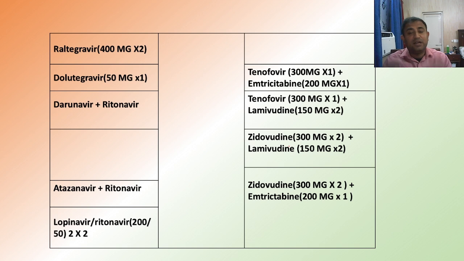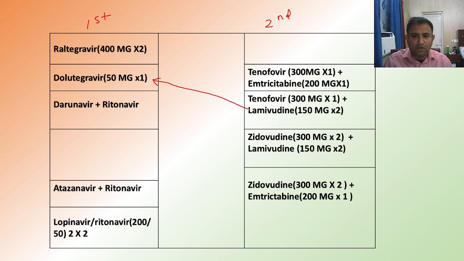So what other drugs can be given? If you see this page, there are columns. This is the first column and this is the second column. You can choose any of this from the second column and mix it with one of this from the first column. As I told you, what I like to give is tenofovir plus lamivudine plus dolutegravir. So this becomes your first combination.